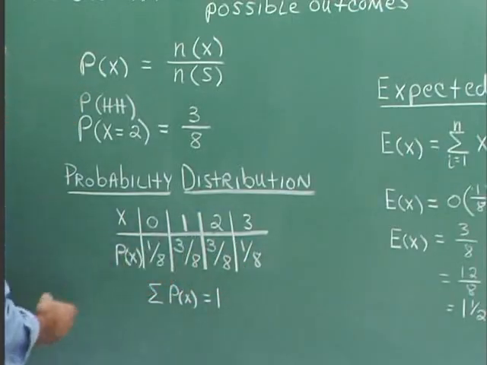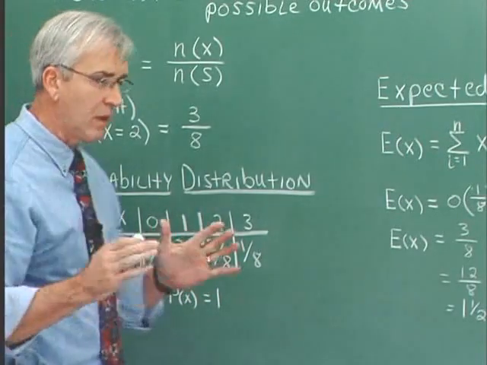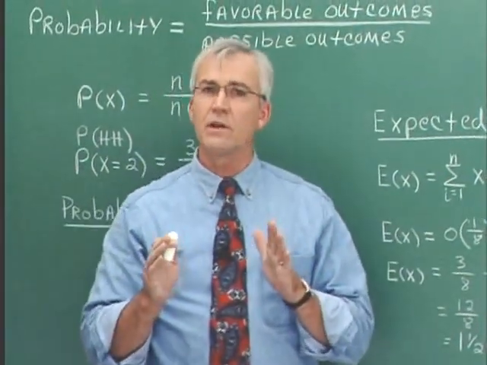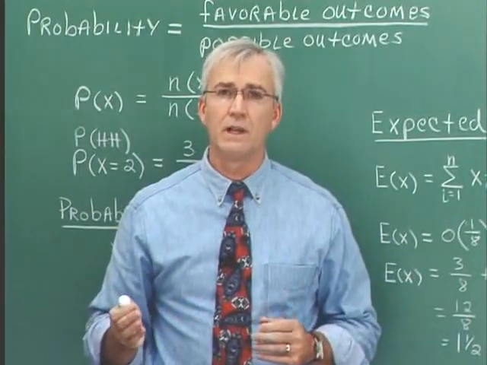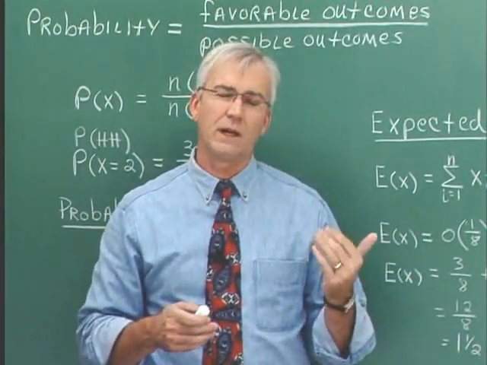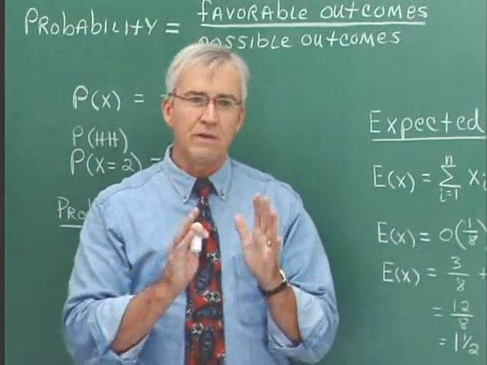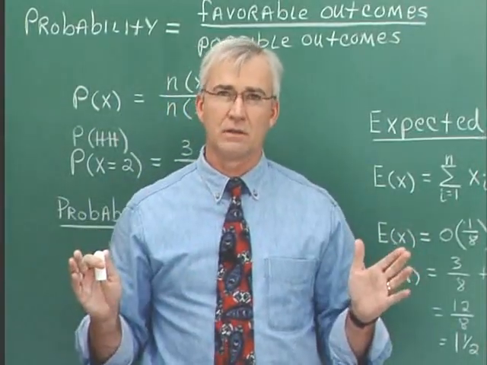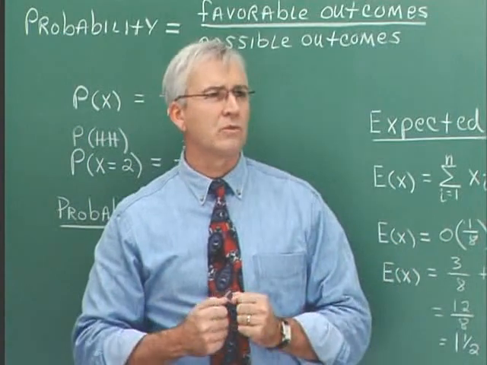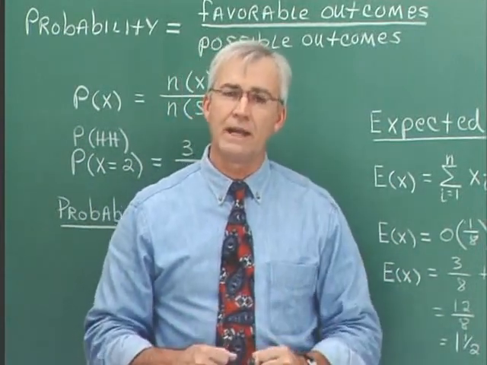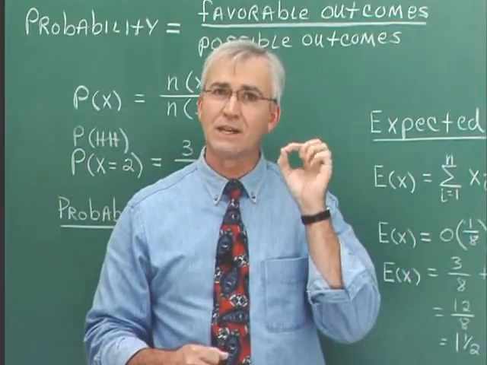That's not too surprising when you realize that probability numbers are generally between 0 and 1. A probability number could be 1, could be 0. If an event cannot possibly happen, like if I was going to say, what's the probability that I'm going to win a gold medal at the next Olympics? That probability is 0.